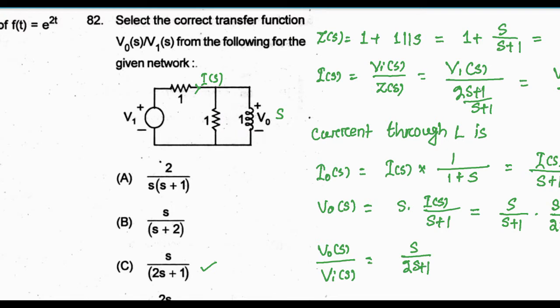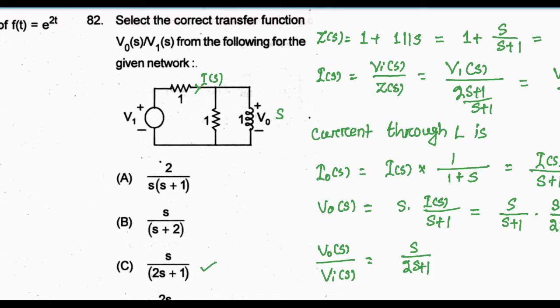So here first I have to find out the current. This is I, the total current provided by the source, and then this current will be divided into two parts, one part through the inductor and another through the resistor, and the current through the inductor multiplied by the inductive reactance will be the output voltage.